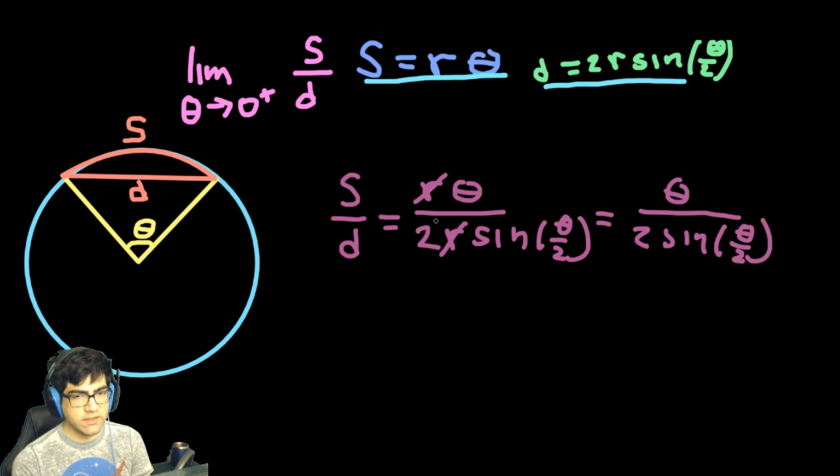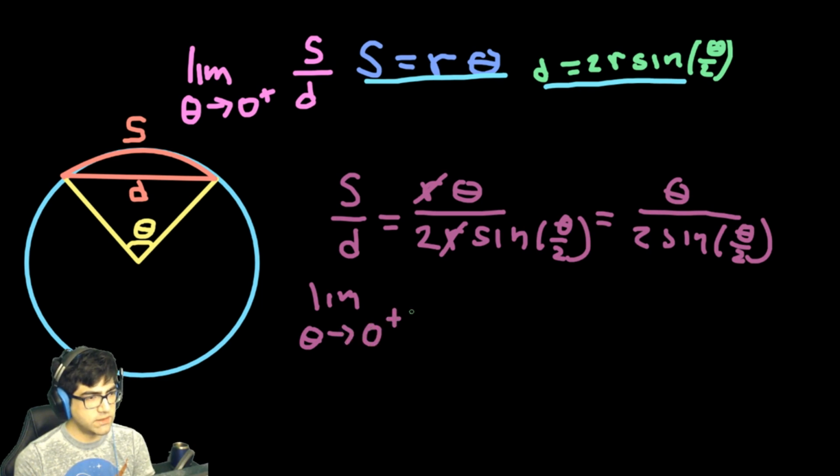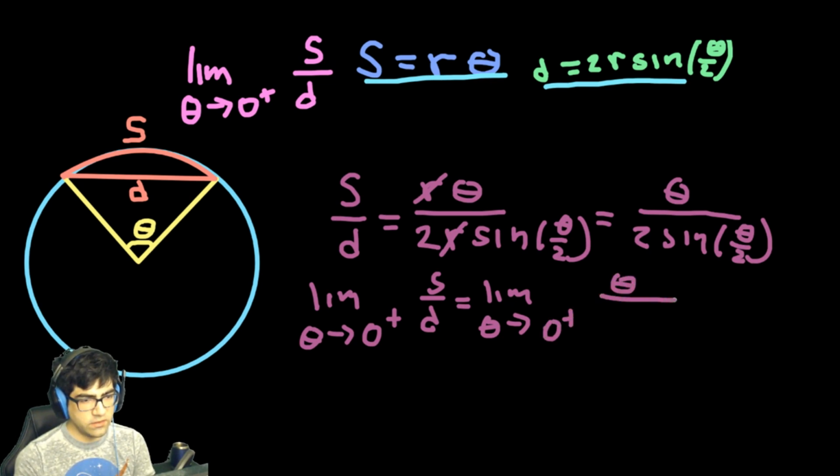And now let's go ahead and take that limit. So the limit of theta approaching 0 on the positive side of s over d equals the limit as theta approaches 0 of theta over 2 sine theta over 2.